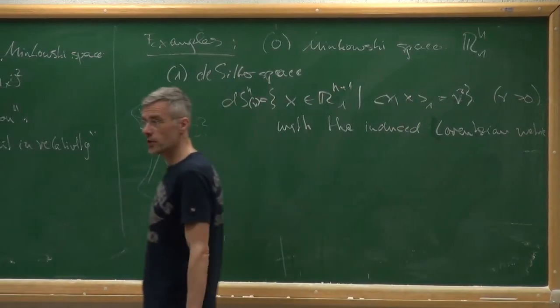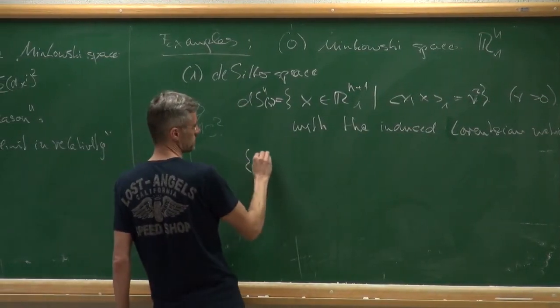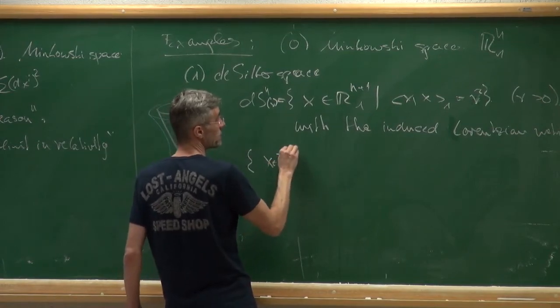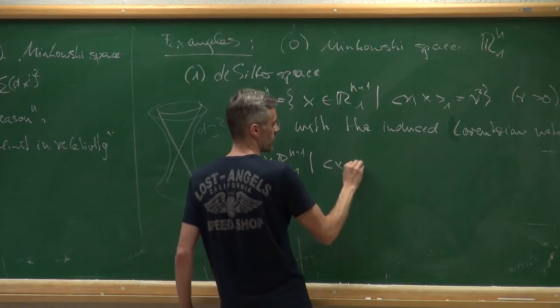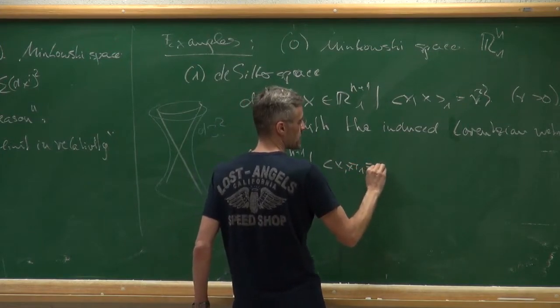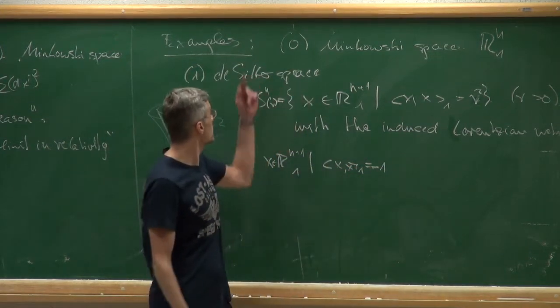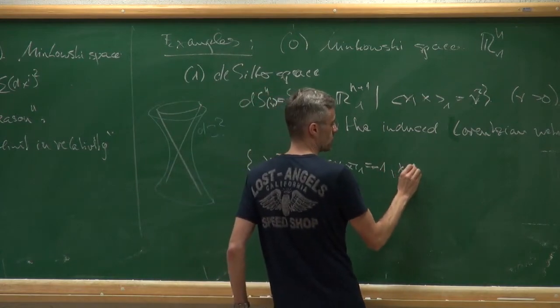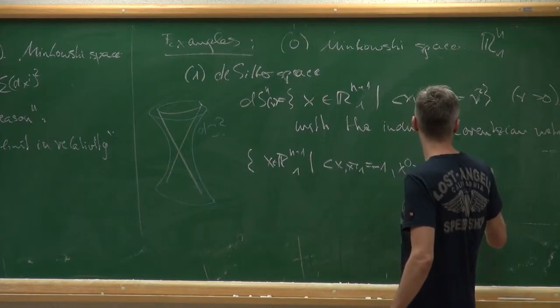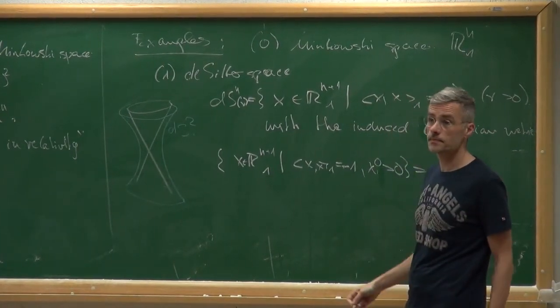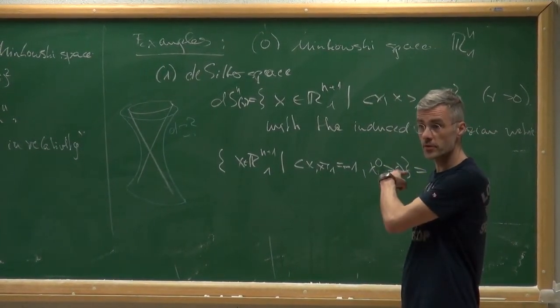Side remark: if you look at the points x in R^{n+1}_1 such that the inner product of x with itself is minus 1, and let's say that the 0th coordinate is positive, then you get nothing but hyperbolic n-space with the induced metric from the Lorentzian metric.